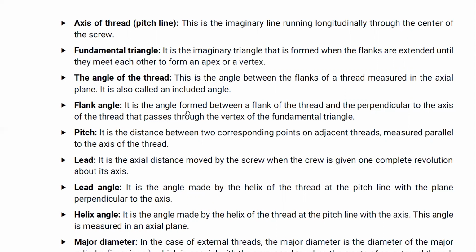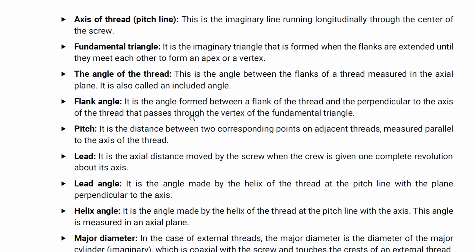And flank angle: it is the angle formed between the flank of the thread and the perpendicular to the axis of the thread that passes through the vertex of the fundamental triangle. Then the pitch: it is the distance between two corresponding points on adjacent threads measured parallel to the axis of the thread.